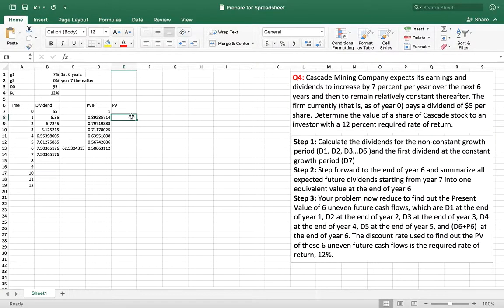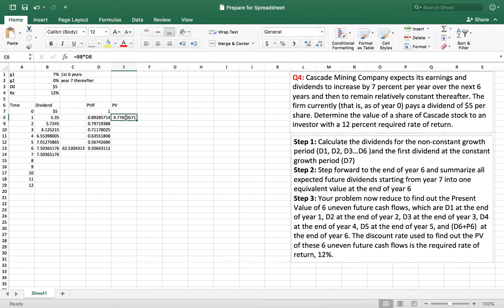I therefore create the formula by typing equal sign and then the dividend at the end of year 1 given in cell B8 by clicking on cell B8, times the corresponding present value interest factor given in cell D8 by clicking on cell D8. The formula is entered completely, so I press enter.